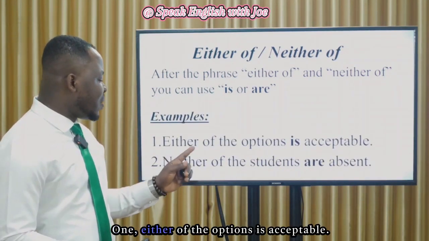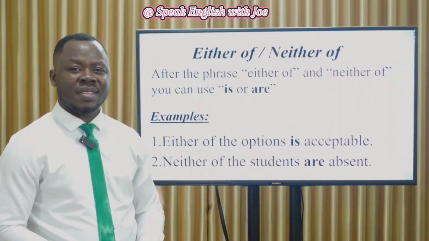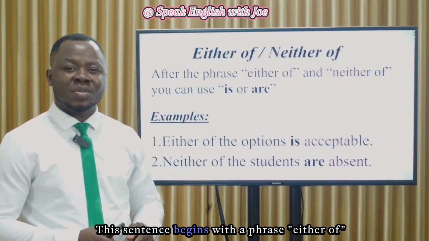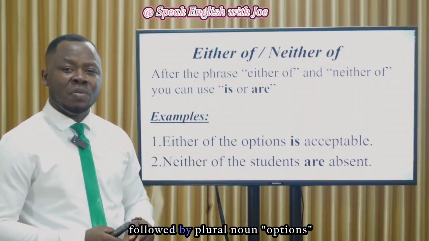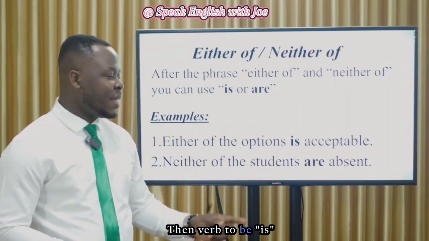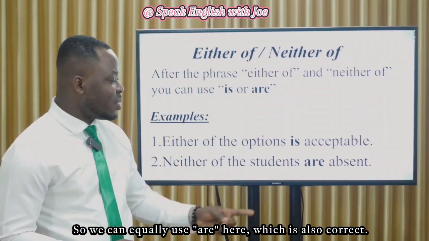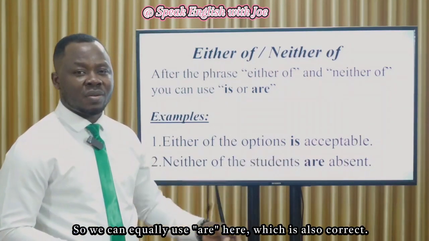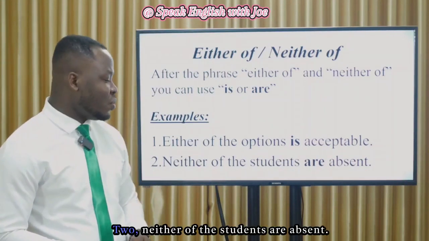1. Either of the options is acceptable. This sentence begins with the phrase either of, followed by plural nouns, options, then verb to be is. So we can equally use are here, which is also correct. 2.